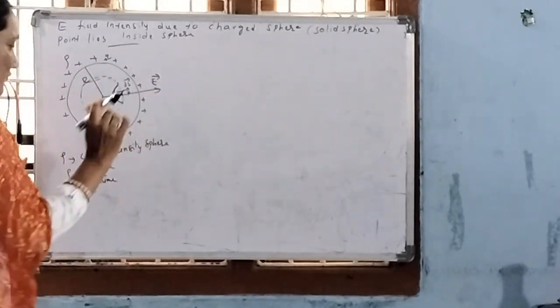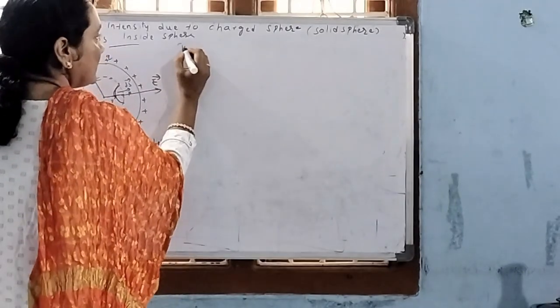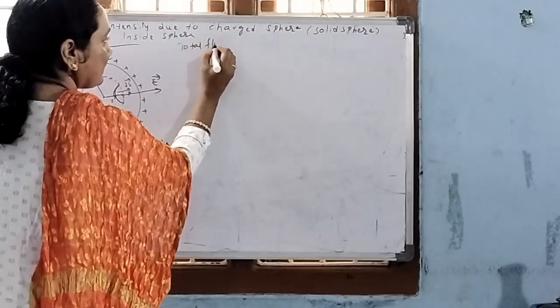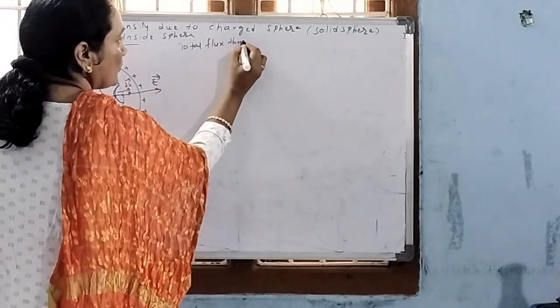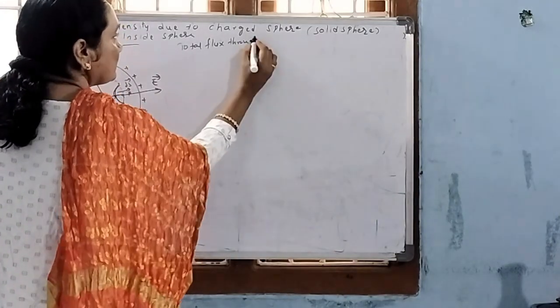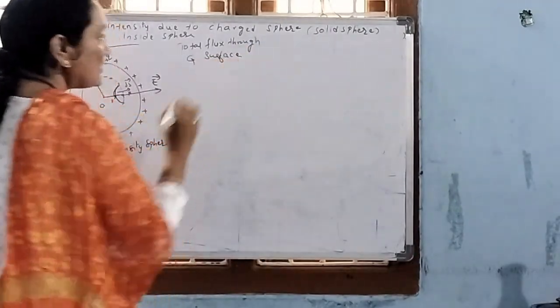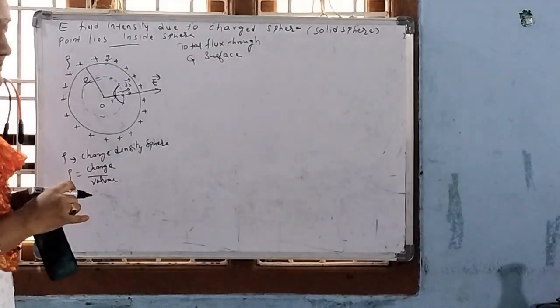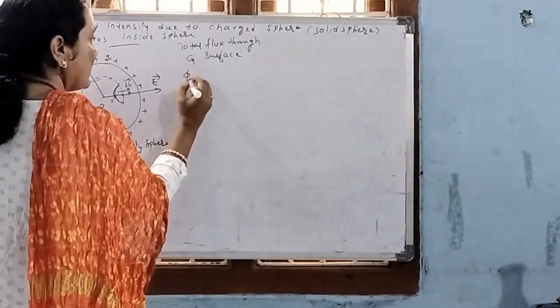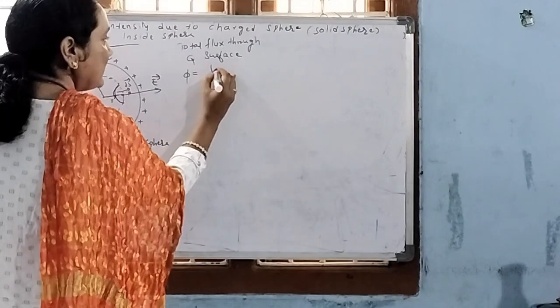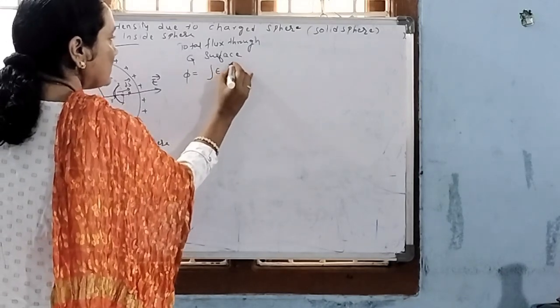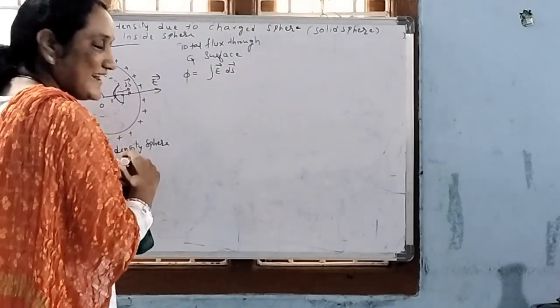Right? Now first, let us write the total flux through the Gaussian surface. So phi is equal to integral E dot ds. Right?